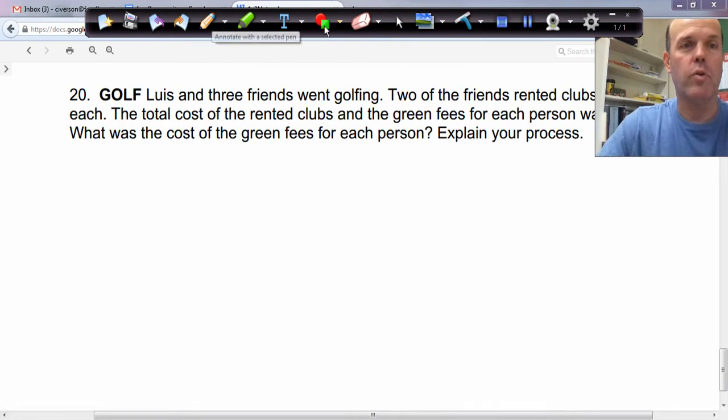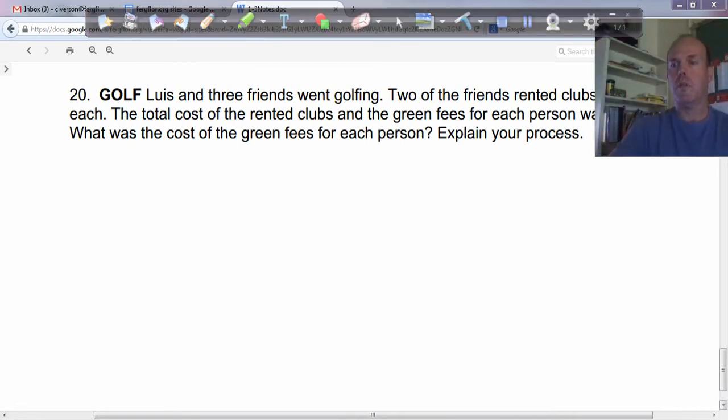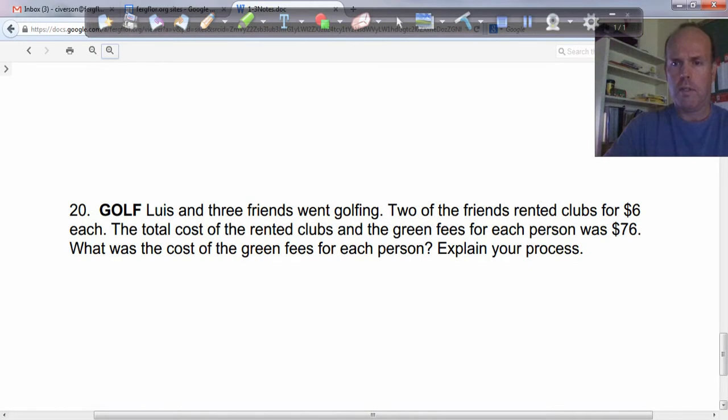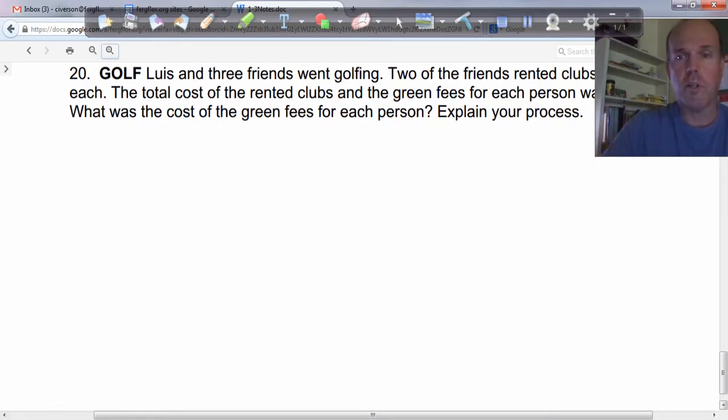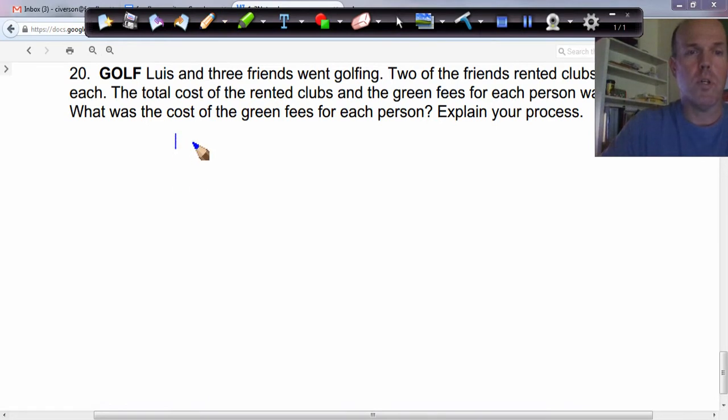Okay, if the total cost for clubs was $6 and the total cost was 76. So total cost for all of them to play golf was 76. So I have person 1 plus person 2 plus person 3 plus person 4 is equal to $76.